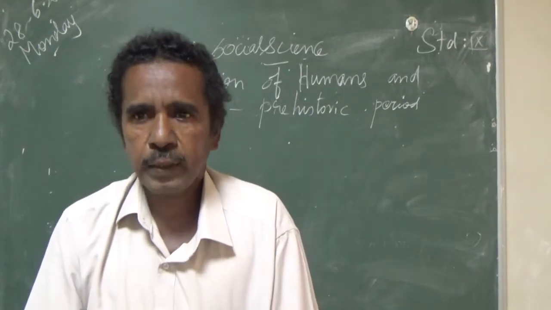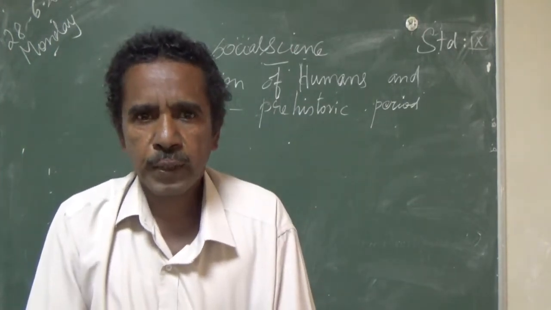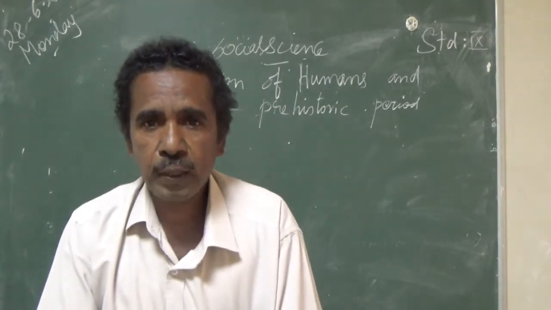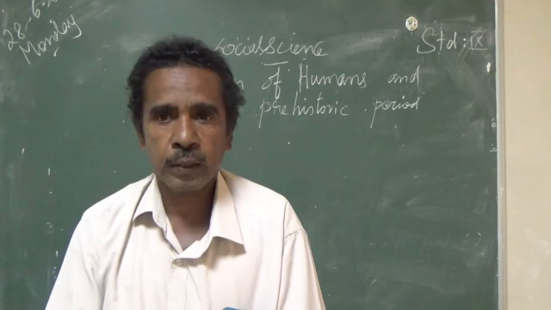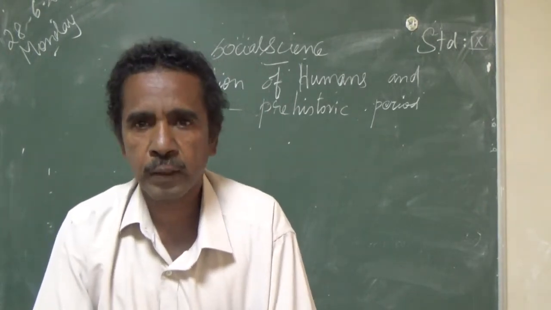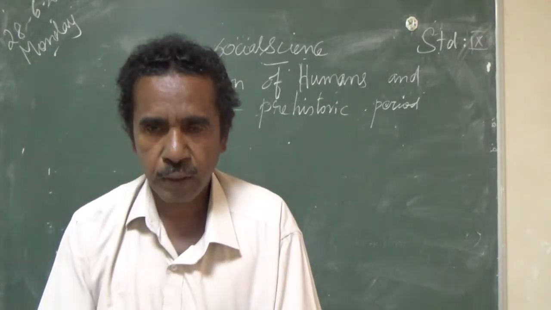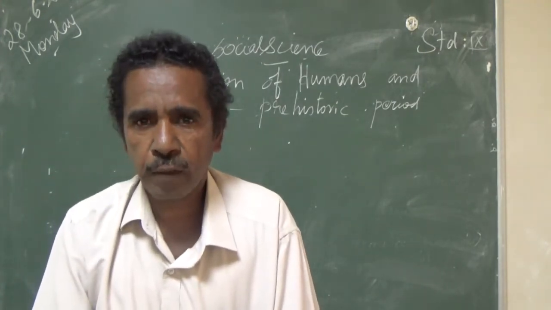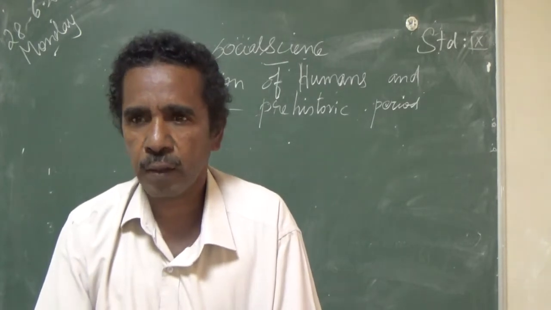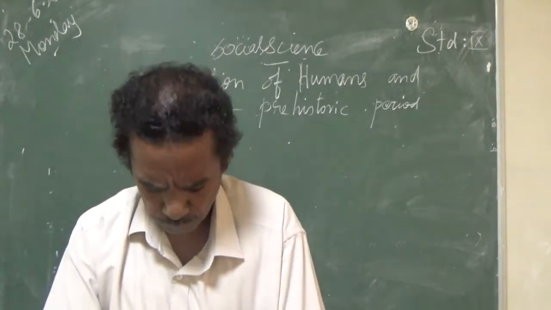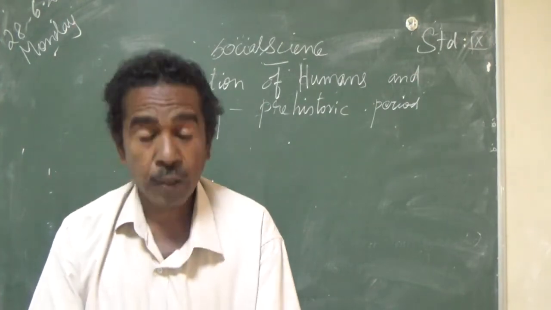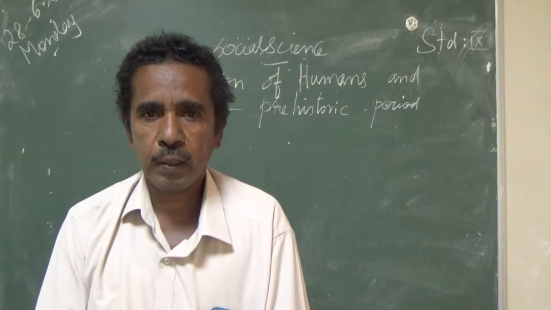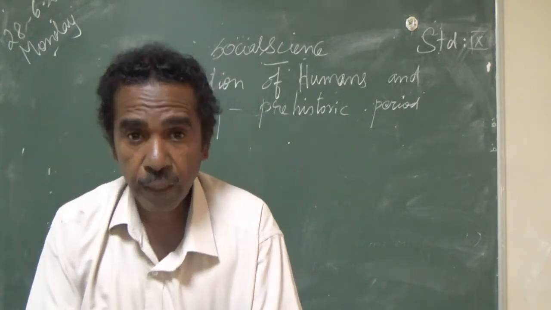The geological, biological and archaeological information are available on the surface, the layers of the earth. On the earth there are different layers. The upper layer of the earth, we can find all this information, that is geological, archaeological and biological records.